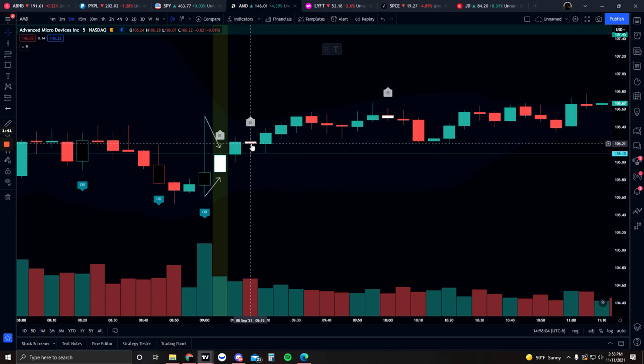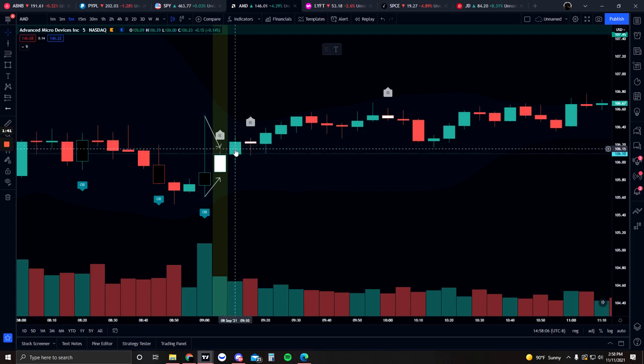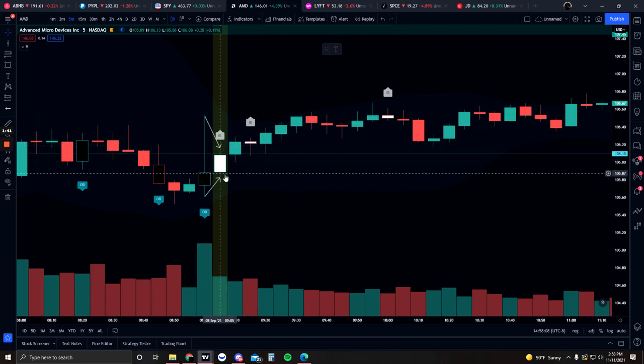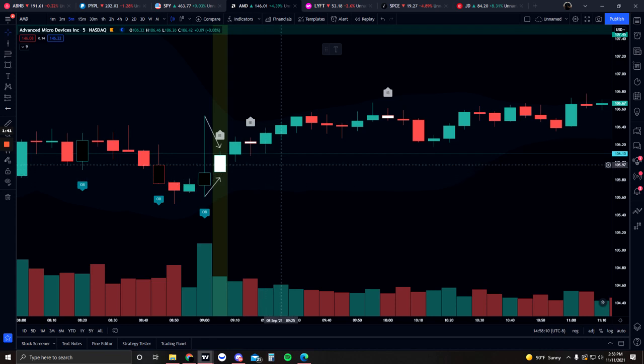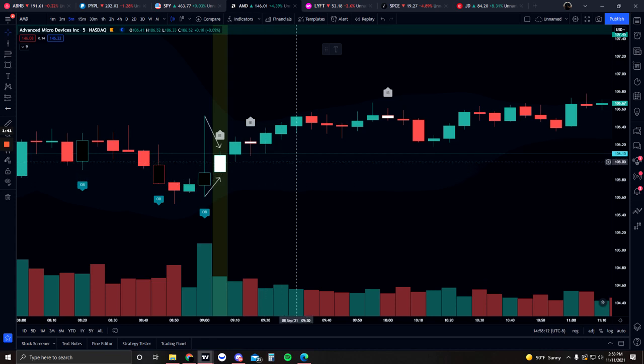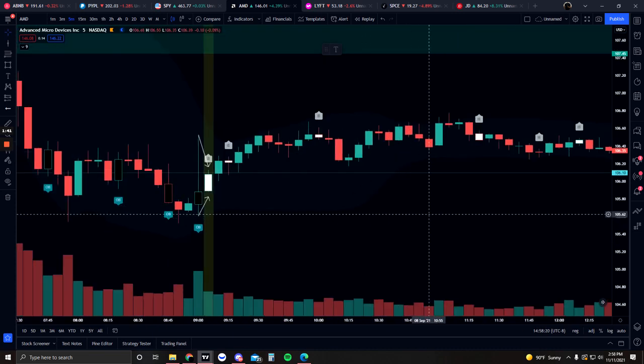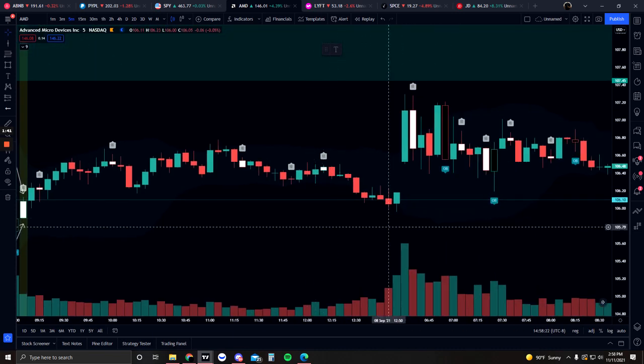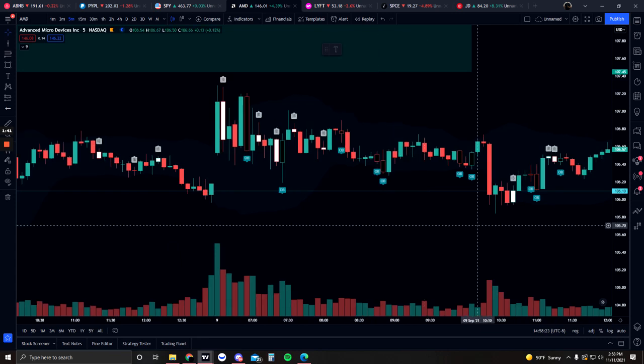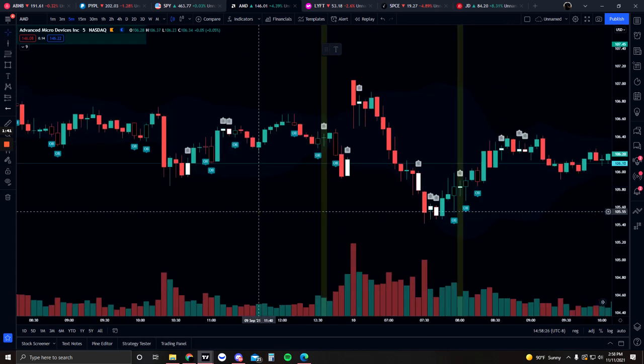So if an inside bar is small and tight and the mother bar is pretty big, it's better. If the inside bar is the same size as the previous bar and just a little bit smaller, there's not that much compressing going on. So usually the move isn't going to be as big. More compression, bigger move. Right? More compression, bigger move. That's usually how it goes.